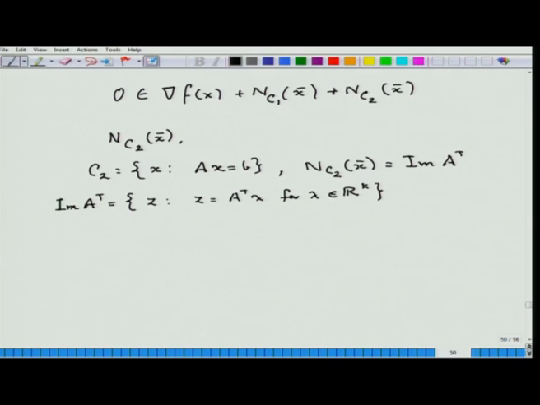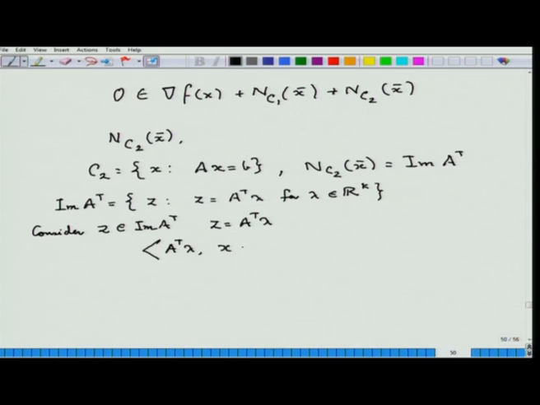So, first let me take a z, consider z an element of the image of A transpose. Then z is equal to A transpose lambda. So, let me compute this quantity. If this is my v, this must be in the normal cone, let me see whether it is in the normal cone.